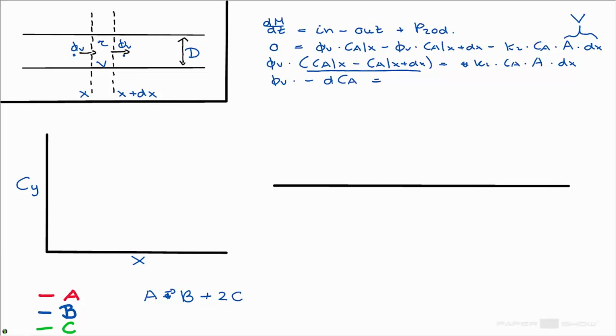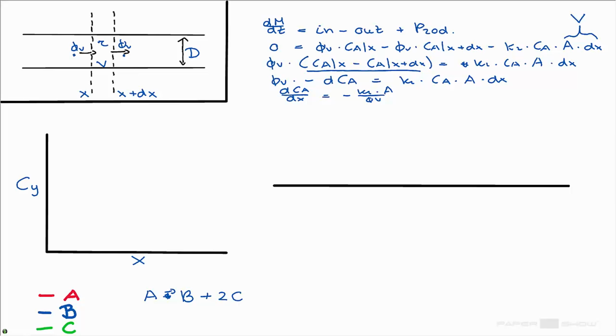You should always check this when you are doing these kinds of calculations. And I can rewrite this to a more common form, which is the differential equation. Right, so we recognize this.